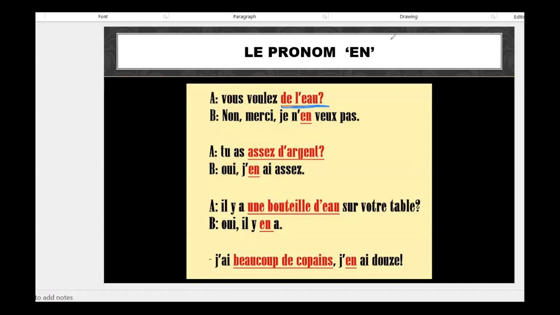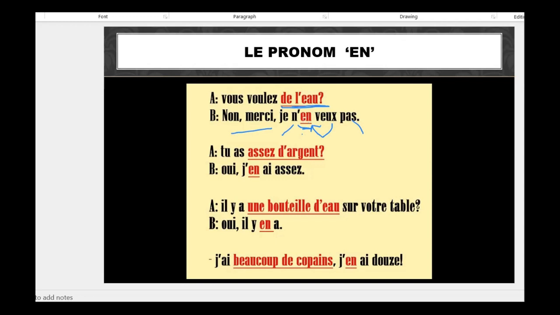So instead of saying, non, je ne veux pas de l'eau, ou je ne veux pas d'eau, you simply say, non, merci, je n'en veux pas. You see the placement of ne pas? Of course, before and after the verb, and the pronom is always before the verb. So, non merci, je n'en veux pas. I do not want it.